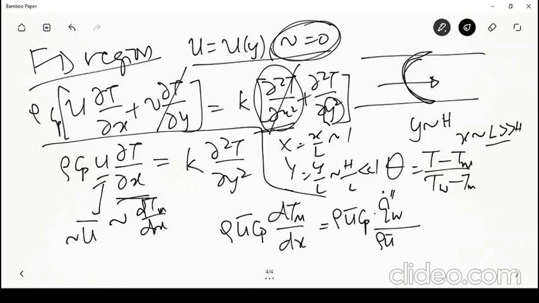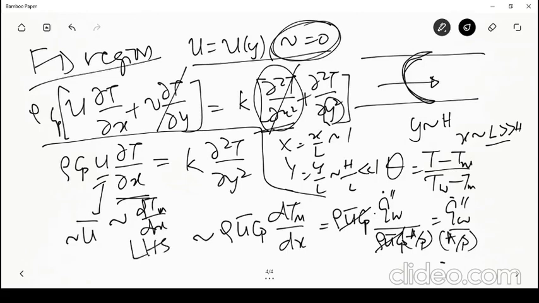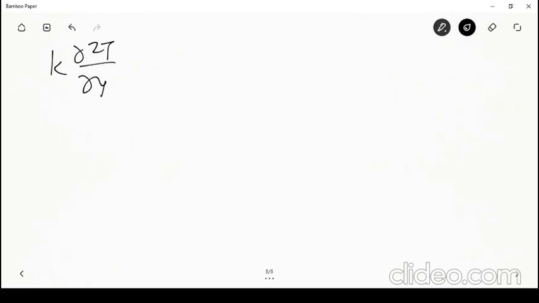So this will be ρ u bar Cp multiplied by q'' at wall divided by ρ u bar Cp into A by P. So the ρ u bar Cp would go, and it becomes q'' wall divided by A by P. So the left hand side is of the order of this q'' wall divided by A by P.